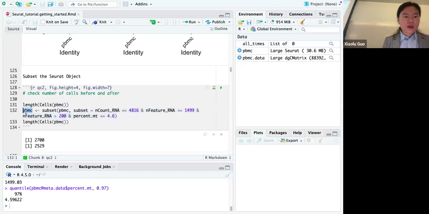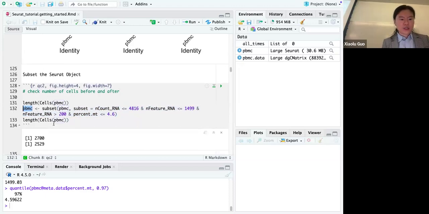Then we use them for downstream analysis, and that's quality control.